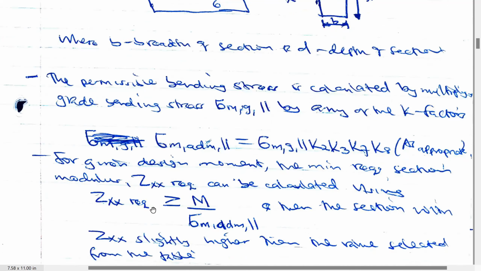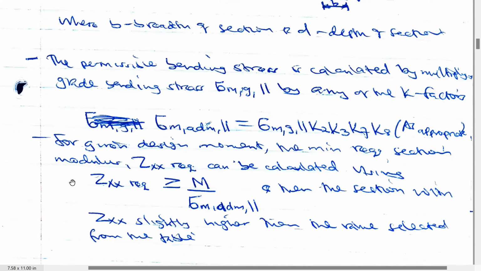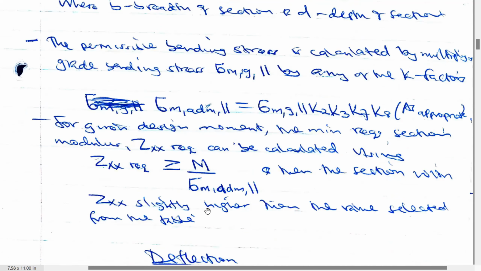So that now after I calculate this Zxx required, I'll go to the table and obtain a section whose Zxx, section modulus along XX, is slightly greater than what I have calculated.